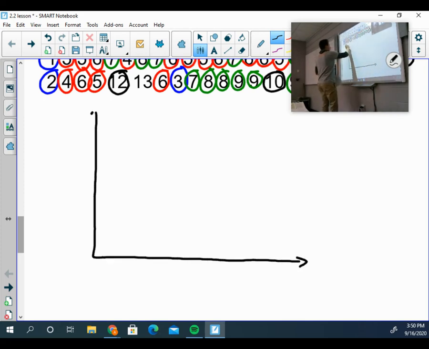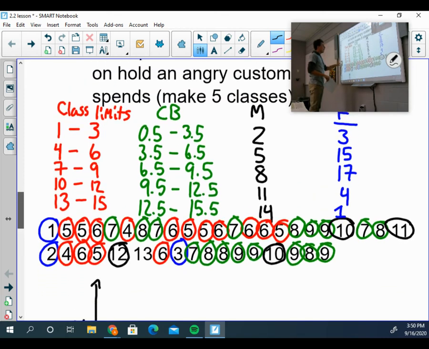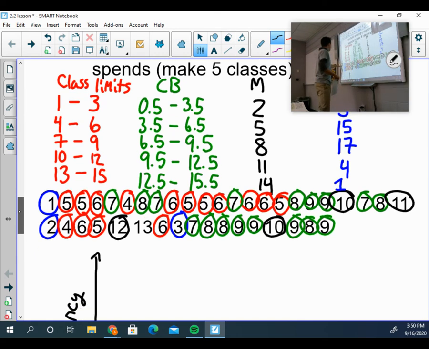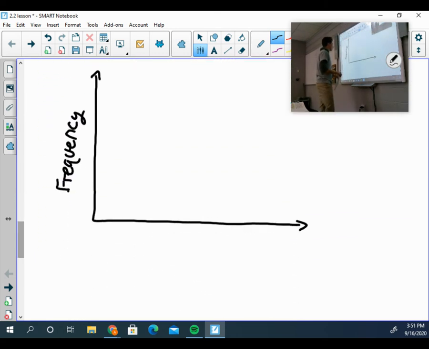Well, remember, on the vertical axis, we're going to have our frequency, right? This is, again, in the context of the problem, what is our frequency? How many calls last per bar? Or how many calls fall between each time frame? What's on our bottom here? Well, we're going to have our class boundaries.